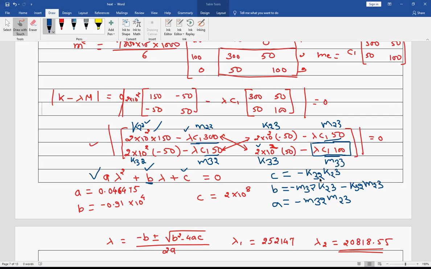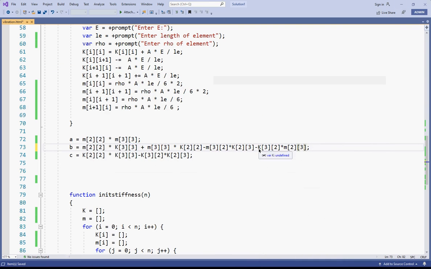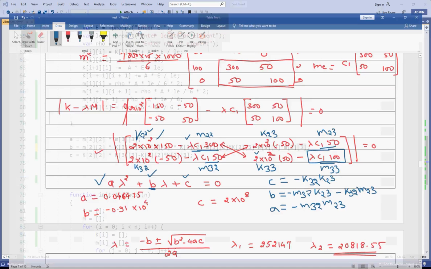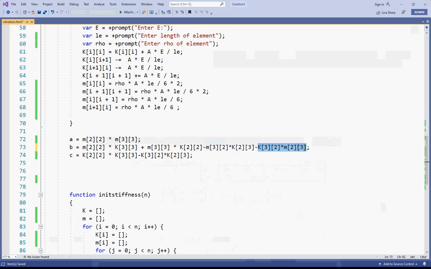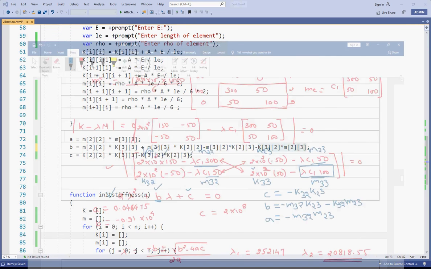how are these two the same? No, sorry. K32 and K23 is there, so only M is changed. So it's easy to remember. I just copy this, and this is contributing. For C I have done.